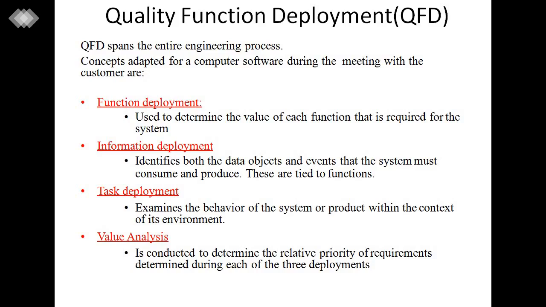Task deployment examines the behavior of a system or product within its environment. Value analysis is conducted to determine the relative priority of requirements, and this is part of the deployment.